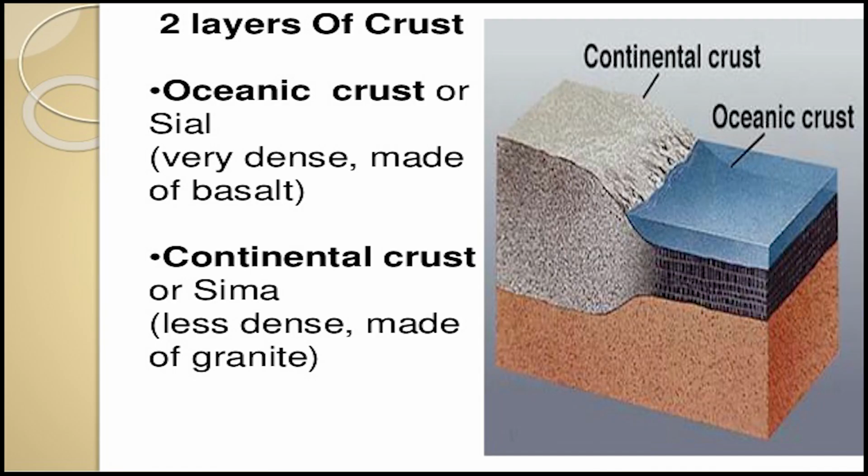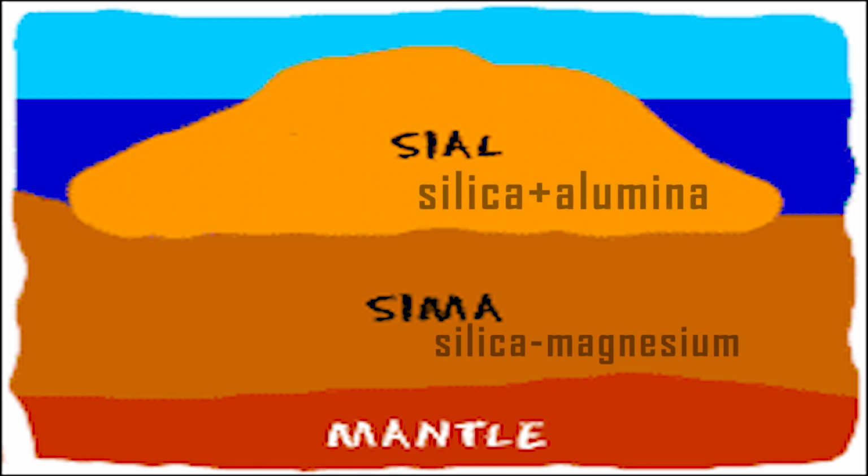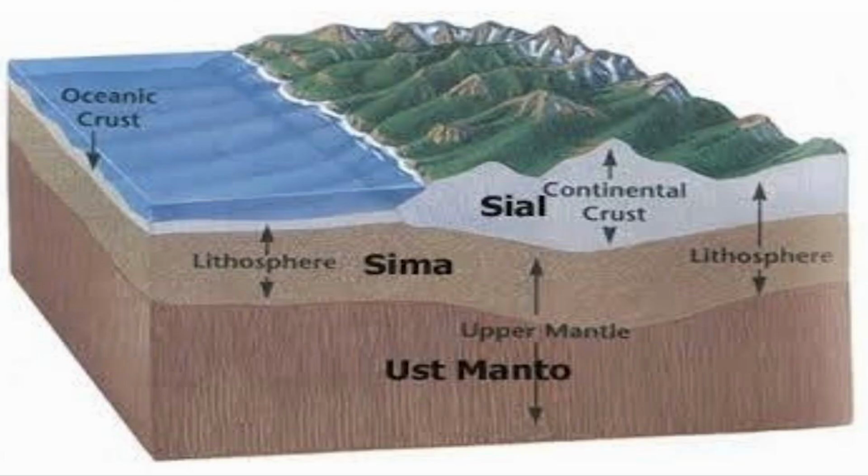It is about 30 to 70 kilometers thick on land where we live and called the continental crust. The mineral rich continental crust is made up of rocks containing silica and alumina, because of which it is called sial. The oceanic crust has more magnesium in it and is hence called sima.